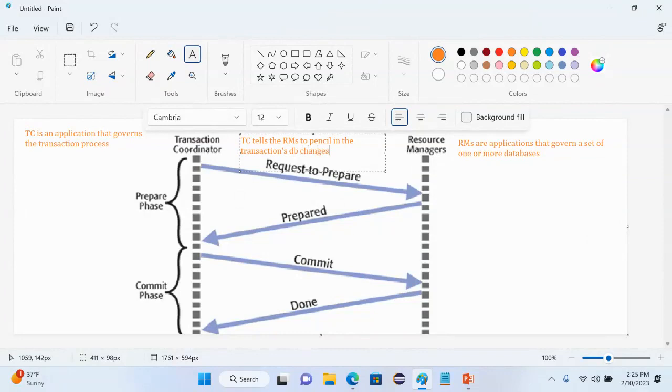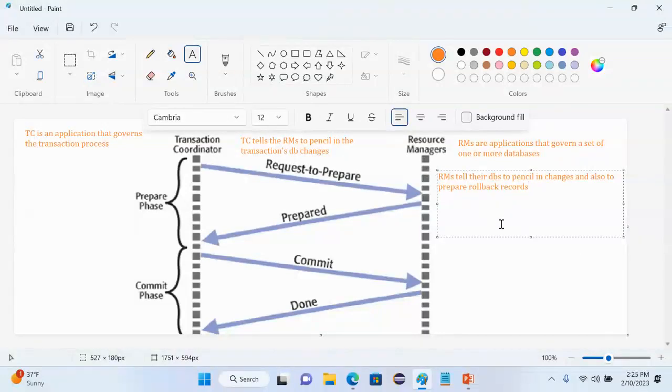Okay, whatever's going to happen, we're going to pencil them in for now. We're not sure if it's going to go through. We hope it does, but for now, let's pencil them in. Okay, and obviously I don't mean that literally. I mean that in a way that we can understand. So the RMs at that point tell their databases to pencil in changes and also to prepare rollback records, right?